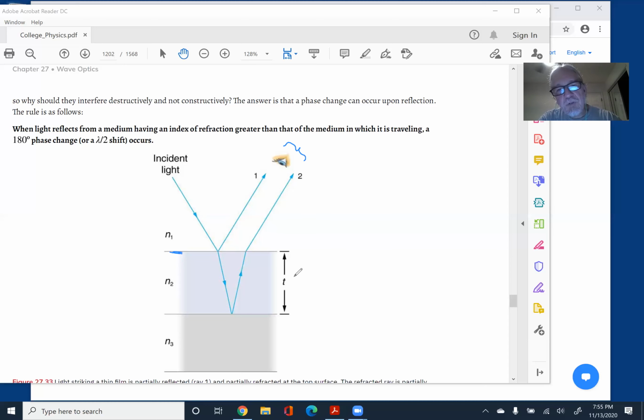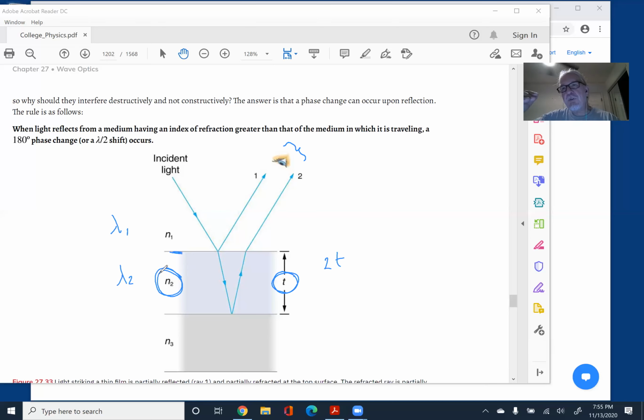If the thickness of this film is T, ray number 2 is traveling an extra distance 2T. But you have to take into account that when you move into medium 2, your wavelength, which was some lambda 1, now becomes a lambda 2 because you have a different index of refraction.